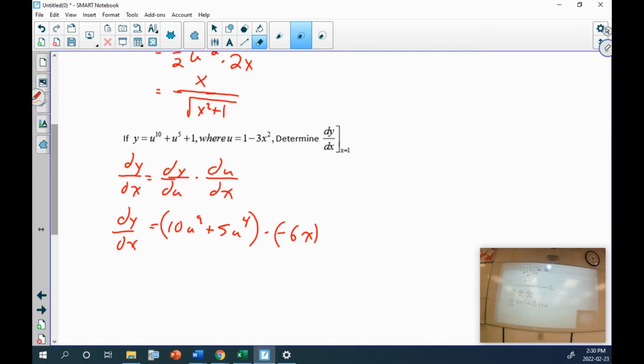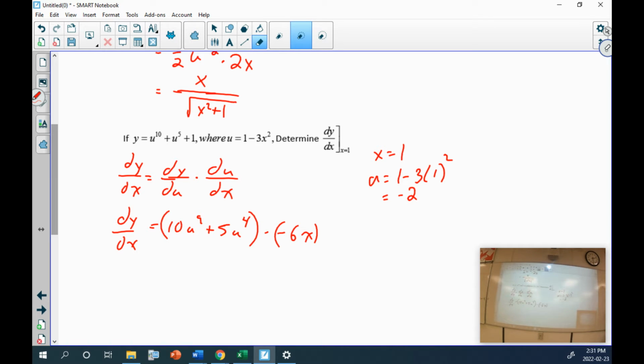Now, we want to know what this derivative is when x is equal to 1. When x is equal to 1, u is equal to 1 minus 3 times 1 squared. So we have 1 minus 3, u is equal to negative 2.